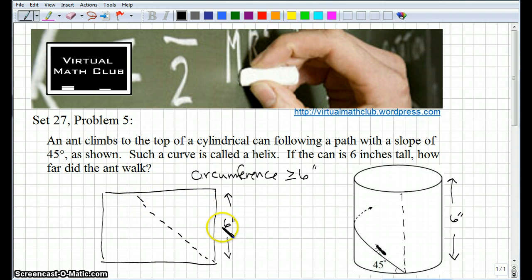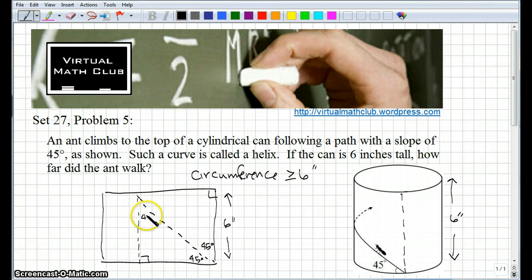If it's a 45-degree angle, then this is a 90-degree angle here, this is 45 degrees, this is 45 degrees down here as well, and we could drop a little perpendicular here. So this will be a square, right? That makes sense because it's an isosceles right triangle.